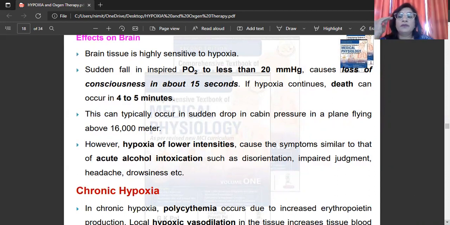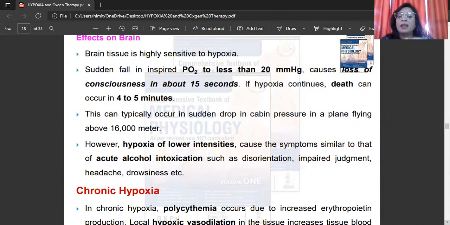So we have to be very careful. If the PO2 falls to less than 20 millimeter mercury, it can lead to loss of consciousness within 15 seconds. If hypoxia continues, death can also occur. So we have to quickly treat the hypoxia.